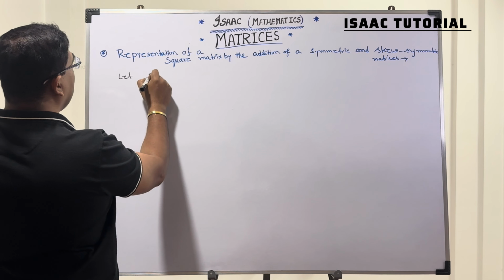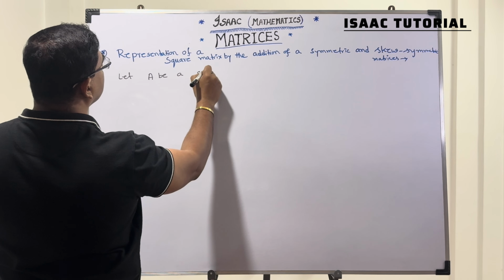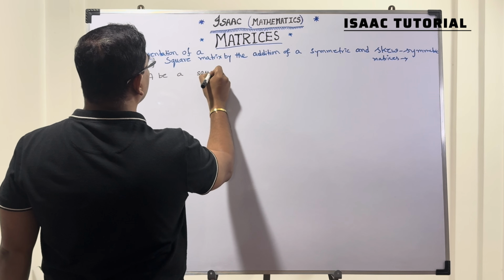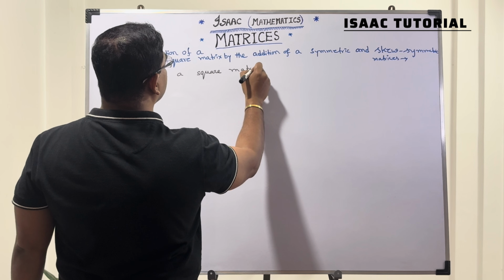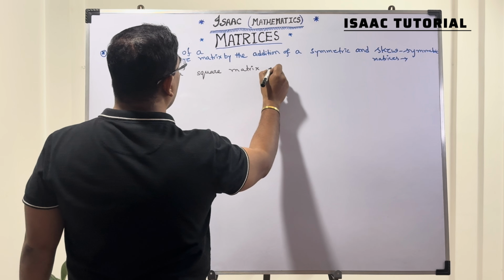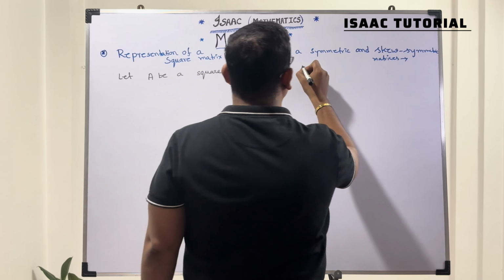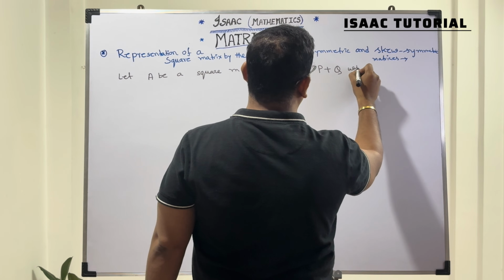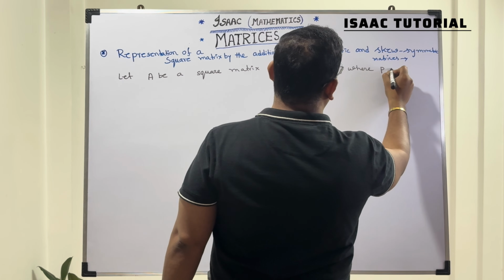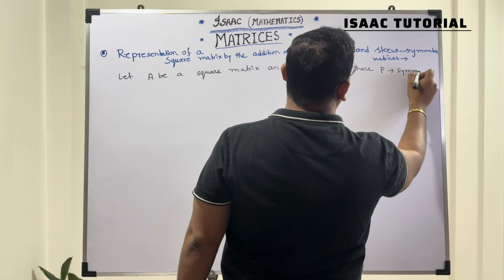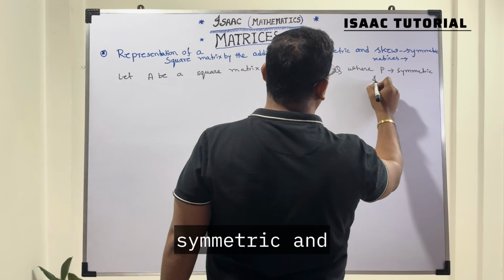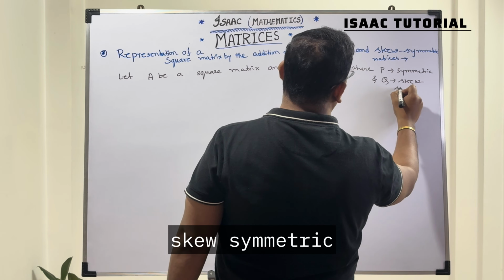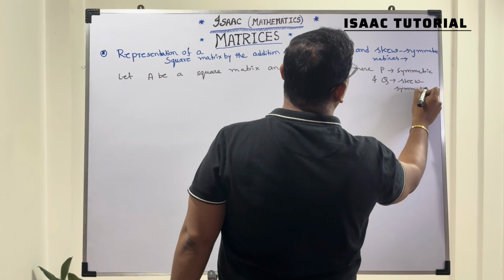Let A be a square matrix, and matrix A is equal to matrix P plus matrix Q, where P is a symmetric and Q is a skew symmetric matrix.